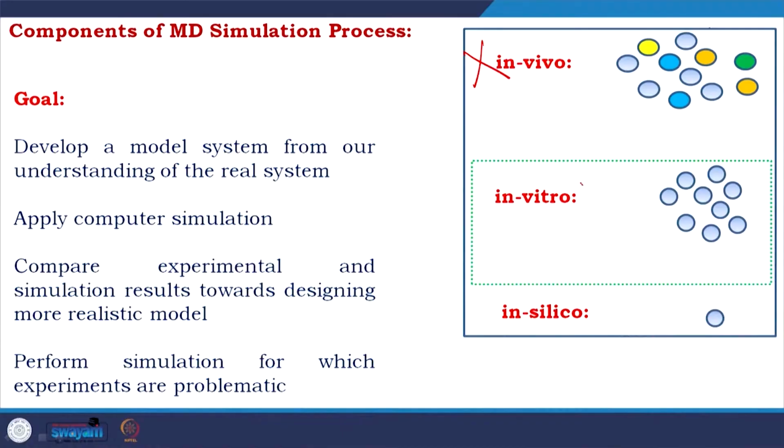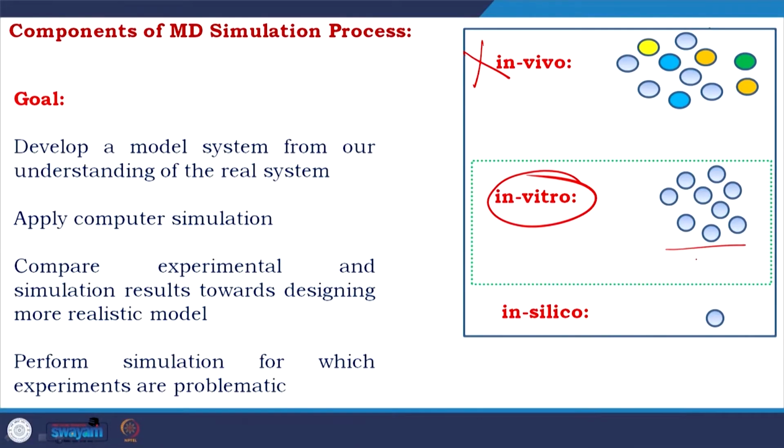So, what we do is mimic the in vitro condition. In vitro, even if not 100%, the protein could be more than 95% pure. So, you have a major portion of your protein behaving in a similar or identical way.